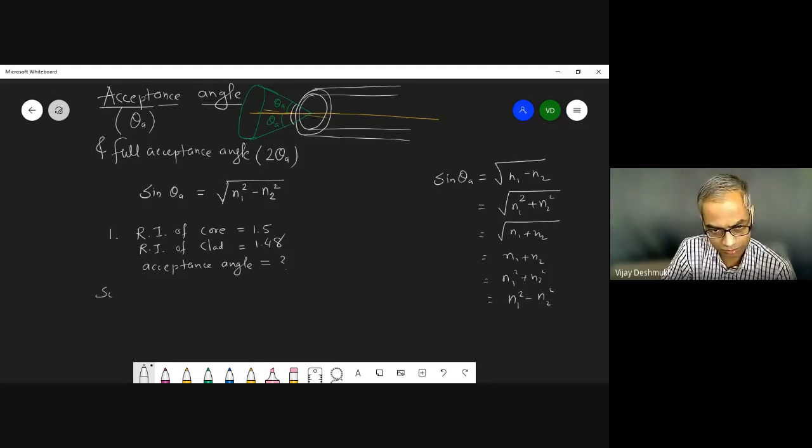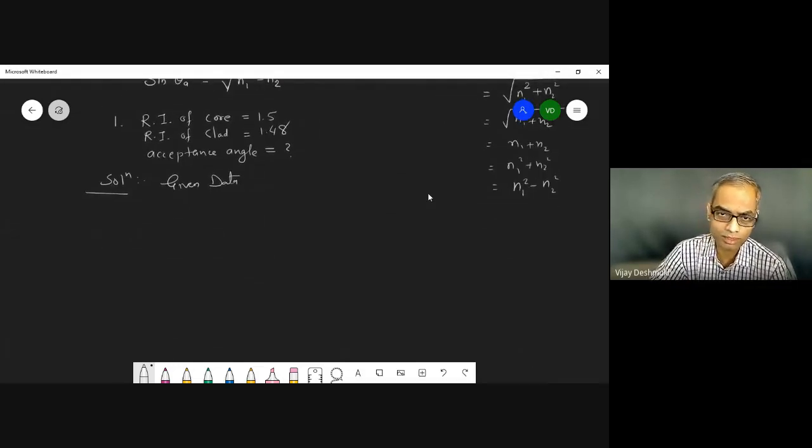The solution. What is the given data that you have to start with? So given data is n1 is equal to 1.5, n2 is 1.48, and we have to find out theta A, the unknown.